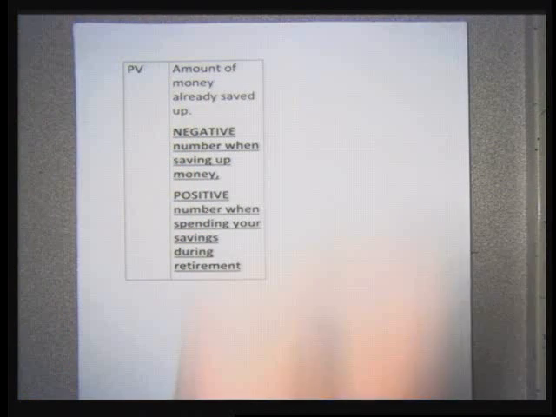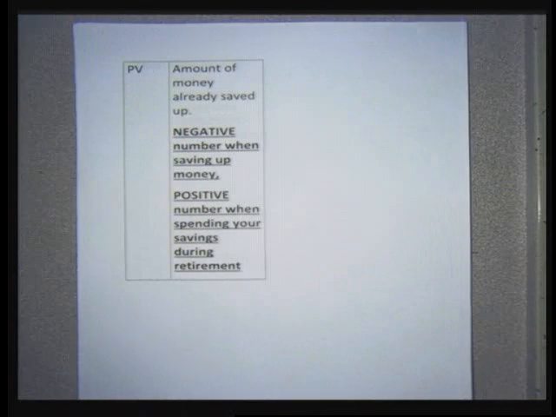What does change is the PV in terms of it's not always positive. In our loan problems, the PV was positive 100% of the time. And in the loan section, the PV was the loan amount or the amount that we owed on the loan.